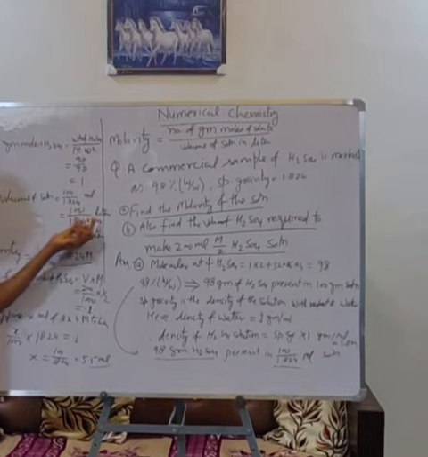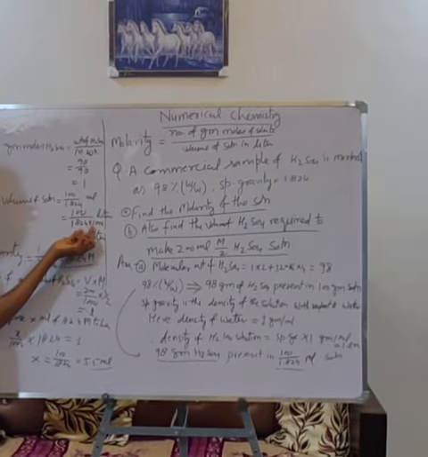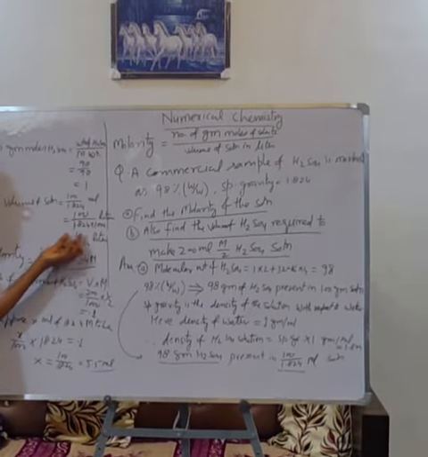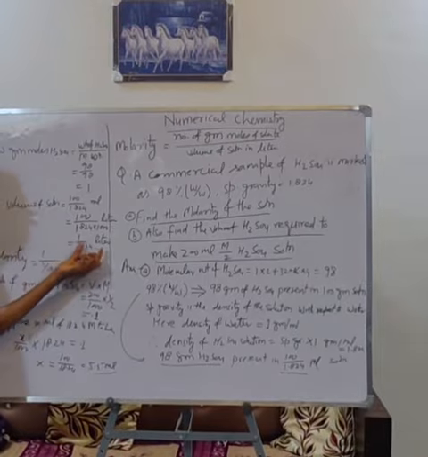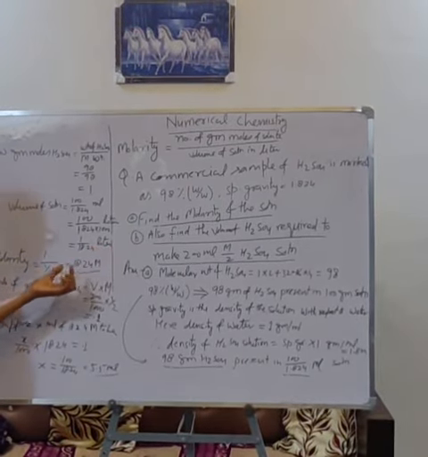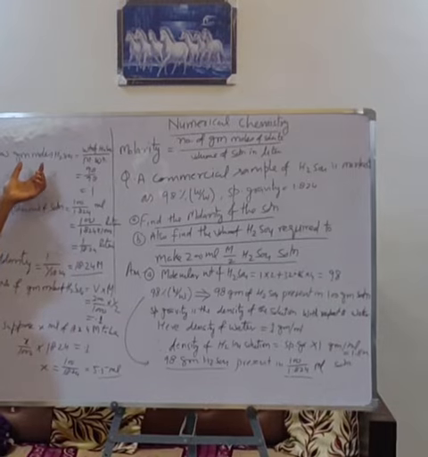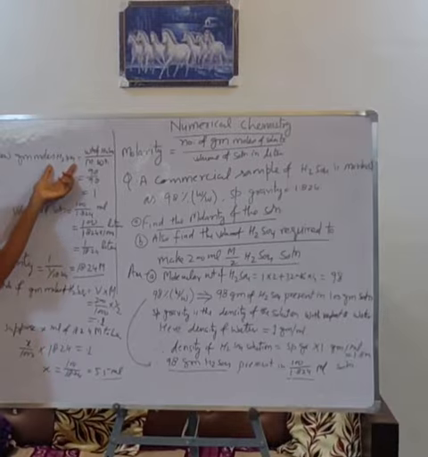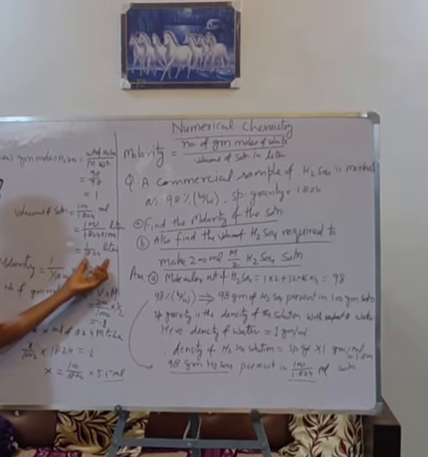This is in ml, so if we convert into liter, divided by 1000, it will be 1 by 18.24 liter. So we have calculated gram moles of H2SO4 and volume of the solution in liter.